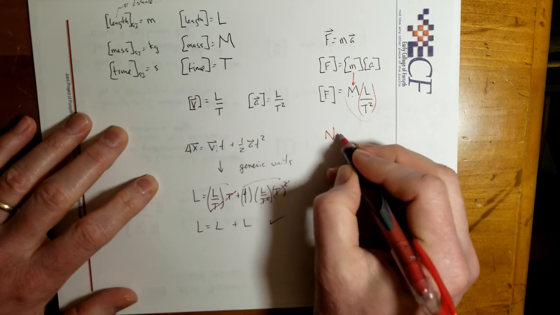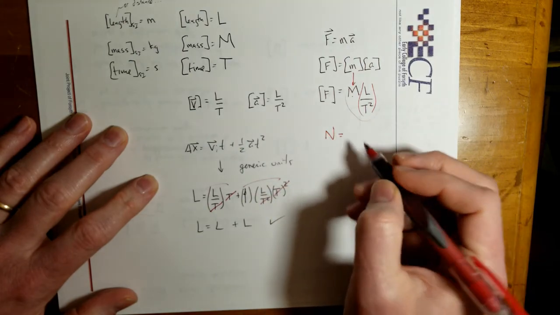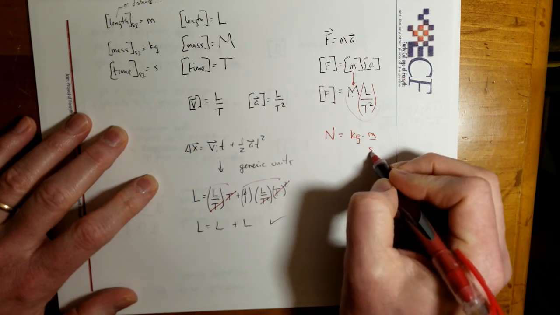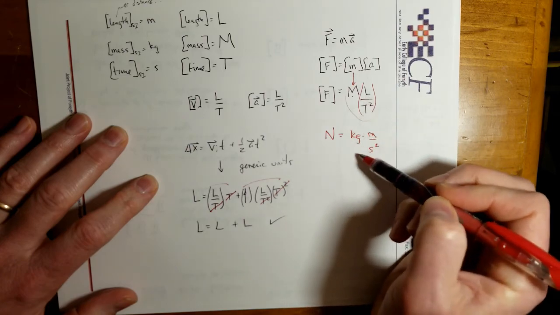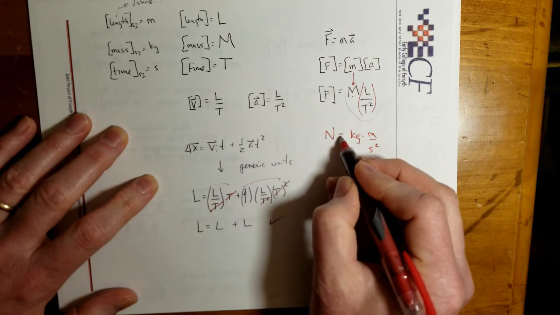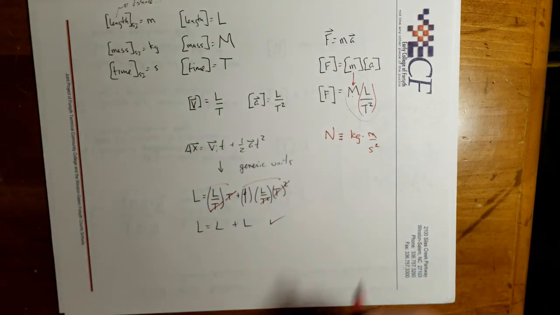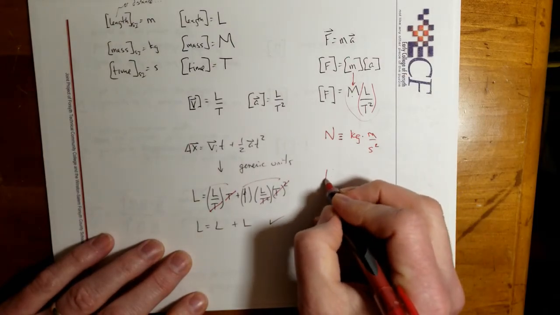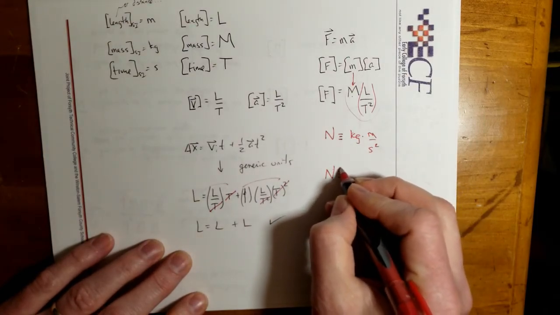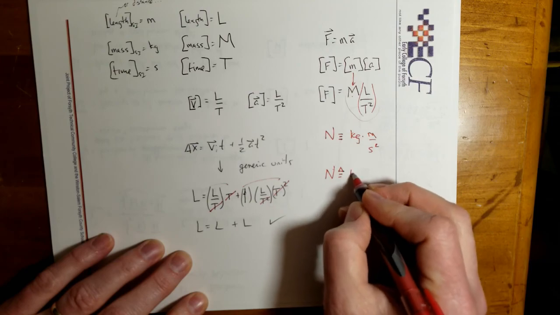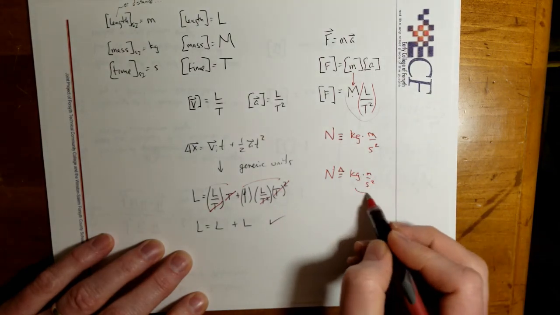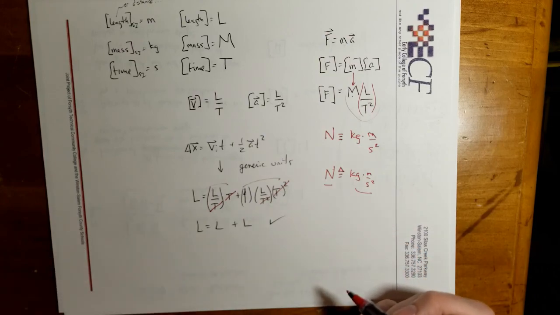And if you go to SI specifically, a Newton would be a kilogram meter per second squared if we just plug in the SI units. And that actually is true by definition. So we put the third line in there. This indicates by definition. Just another side note, sometimes you might see that written as Newtons with a triangle over the equal sign, kilogram meter per second squared. The difference is these are considered base units and this is considered a derived unit.